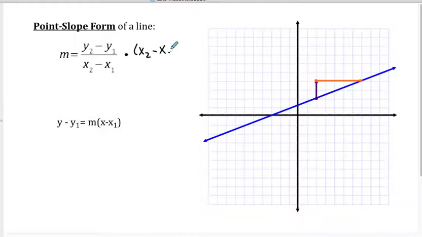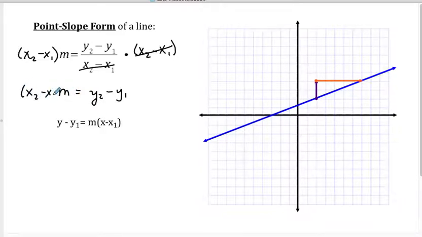So by multiplying by these x's on both sides, these will cancel out, and I'm left with y, in this case y2, because I was dealing with a specific point, minus y1, which is equal to m times the quantity x2 minus x1.